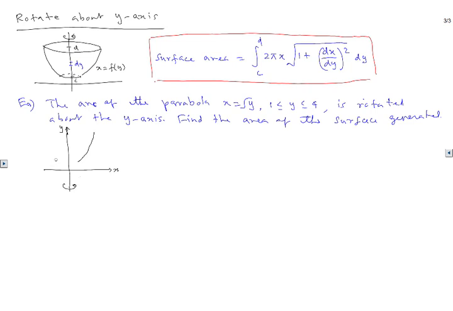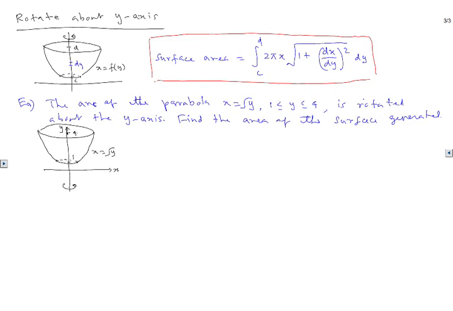So that means it's going to jump to this side. So that is the surface generated. So this curve is x equal square root y, so we have everything we need. It is starting at 1 and going to 4.